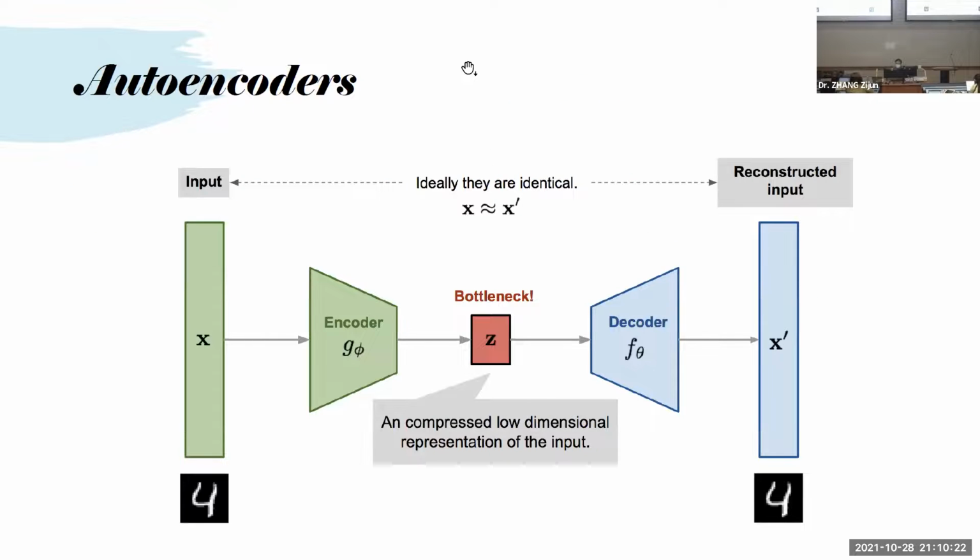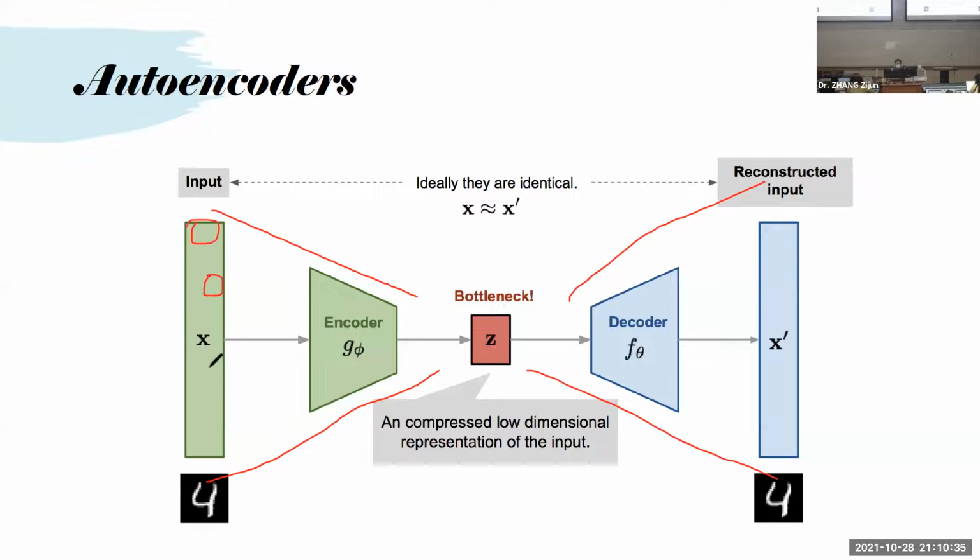So what does an autoencoder network look like? The autoencoder is a deep neural network with a very specific architecture. It's like a butterfly. This is just an abstract description. It could be a butterfly wing.